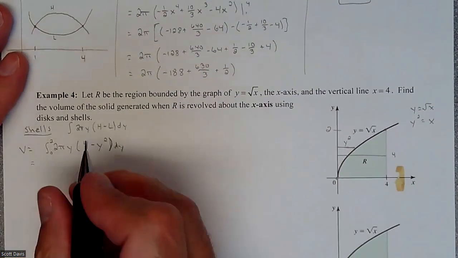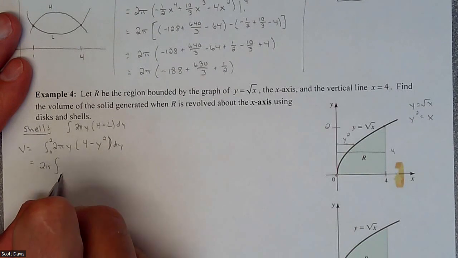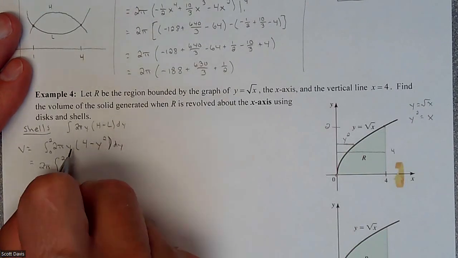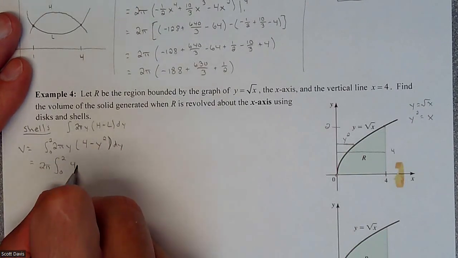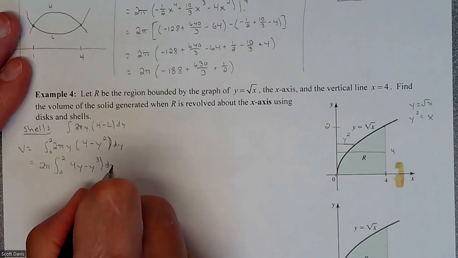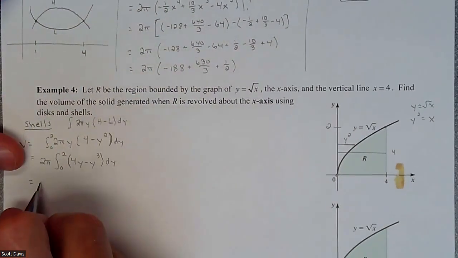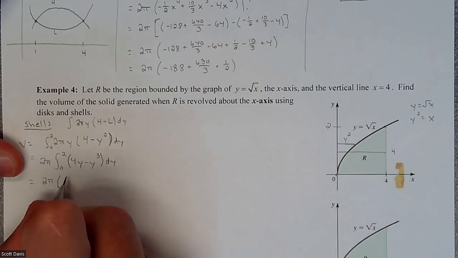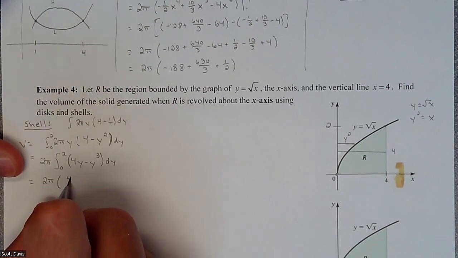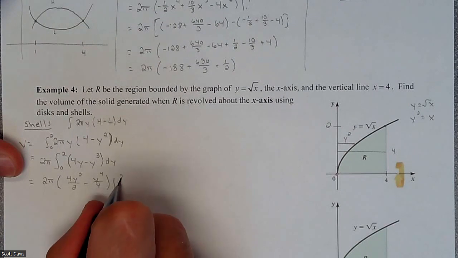If we do the math here, we pull the 2 pi out, still going from 0 to 2, and distribute that in. So that's 4y minus y cubed dy. The antiderivative is 2 pi times 4y squared divided by 2 minus y to the 4th divided by 4, from 0 to 2.